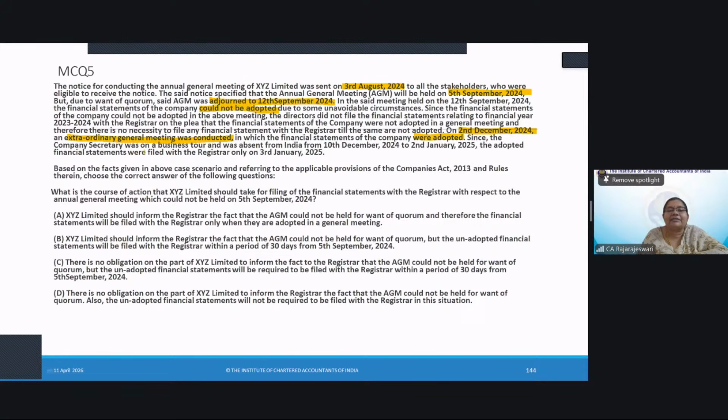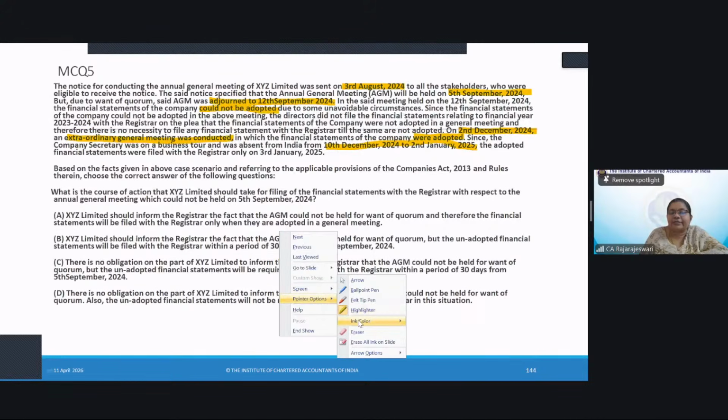Since the company secretary was on a business tour and was absent from India from 10th December to 2nd January 2025, the adopted financial statements were filed with the registrar only on 3rd January 2025. Based on the above facts and scenario, referring to the applicable provisions and rules, what is the course of action that they should take?